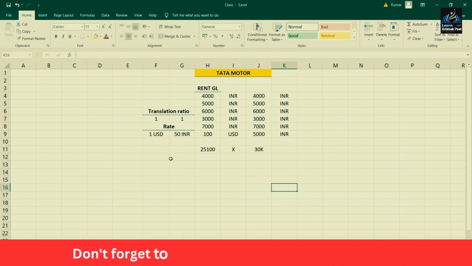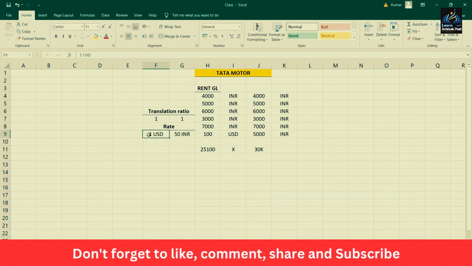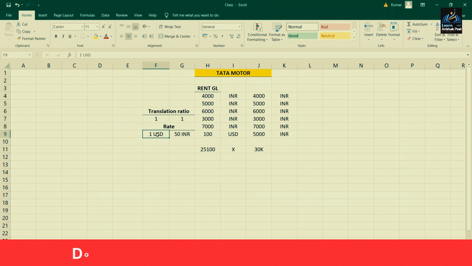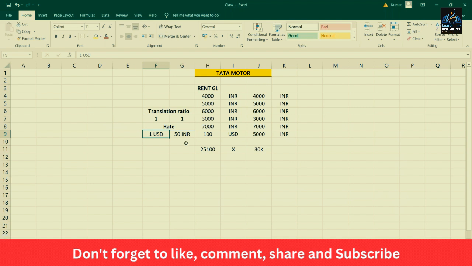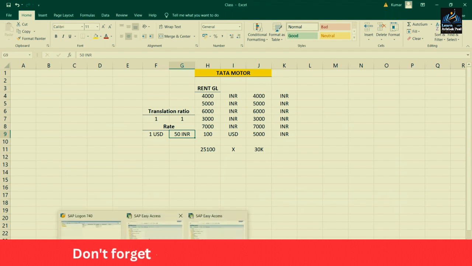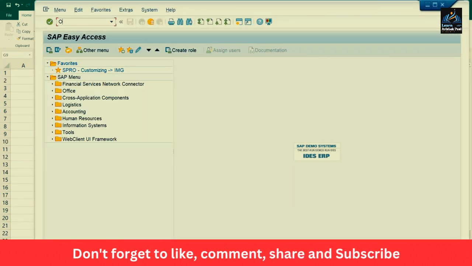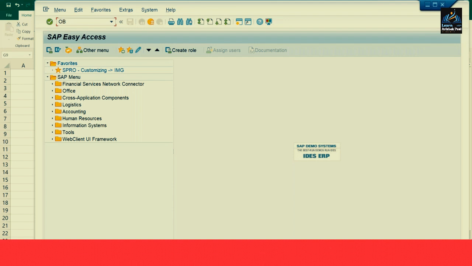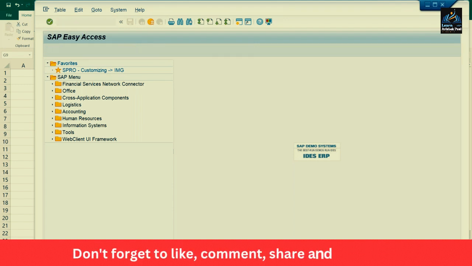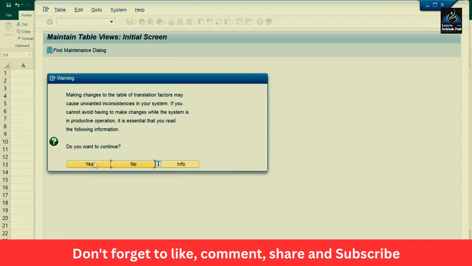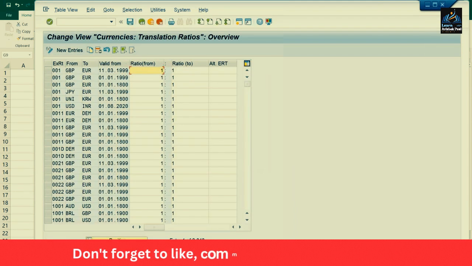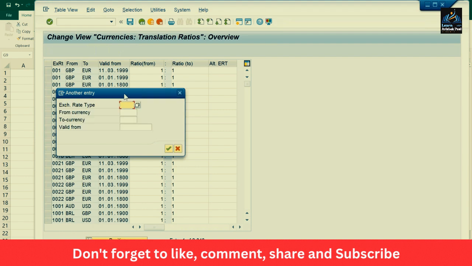Now here, 1 unit of foreign currency, the rate which I have specified in the exchange rate table, 1 USD equals, let's suppose, 50 INR. I'll have to change the translation ratio.